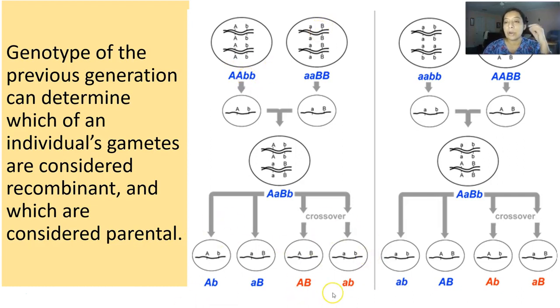However, it's going to also now, with crossing over, be able to produce both dominant or both recessive gametes. And those two that are going to give you those possibilities, the crossed over ones, are your recombinants, and the original gametes, like the ones of the parents, are the parentals.